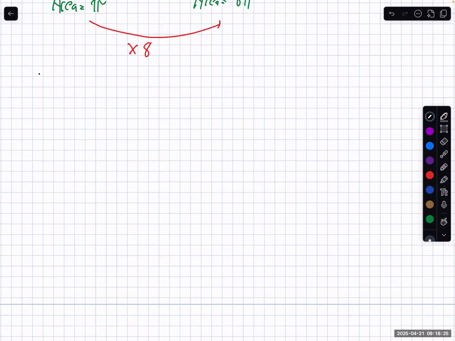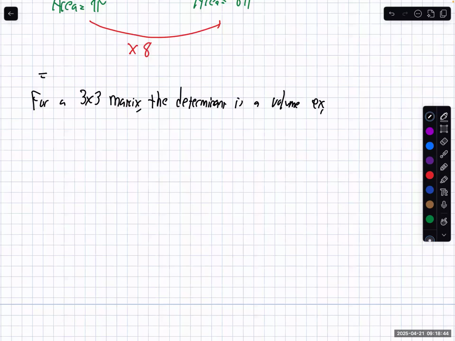Okay. And then in 3 dimensions, for a 3 by 3 matrix, the determinant is a volume expansion factor.